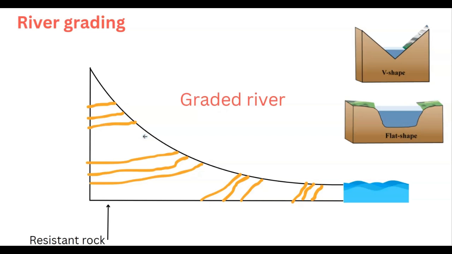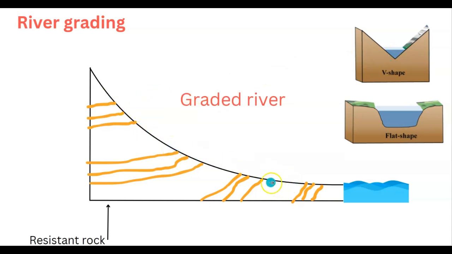The ideal shape of a graded river is concave, with a steep upper course and a more gradual gradient in the lower course. In its upper course, the river will have smaller volume, an uneven bed, turbulent flow, small channel, and more friction. A steep slope is also necessary to ensure flow.